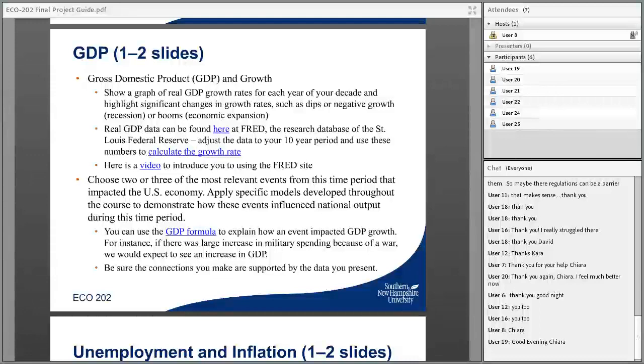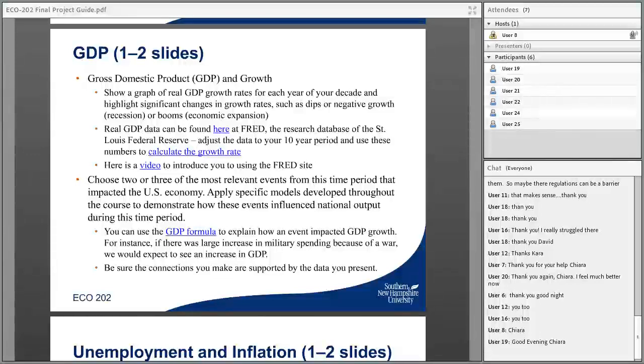Not just a generic statement. Explain it with a few more words to provide a nuanced insight into the relationship between the event and the national output. You can use some principles that you've learned from the book to support and substantiate why those events were important.